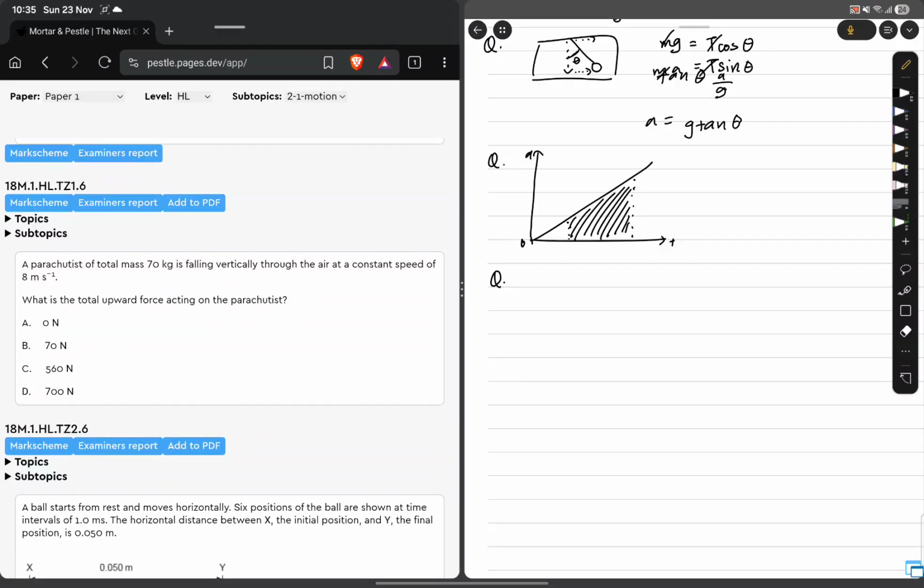A parachutist of total mass 70 kg, alright, 70 kg, is falling vertically through the air at a speed of 8 meters per second. Nope, just second. What is the total upward force acting on the parachutist? Well, then there's definitely air resistance. And we're going to find this through realizing that it's constant.